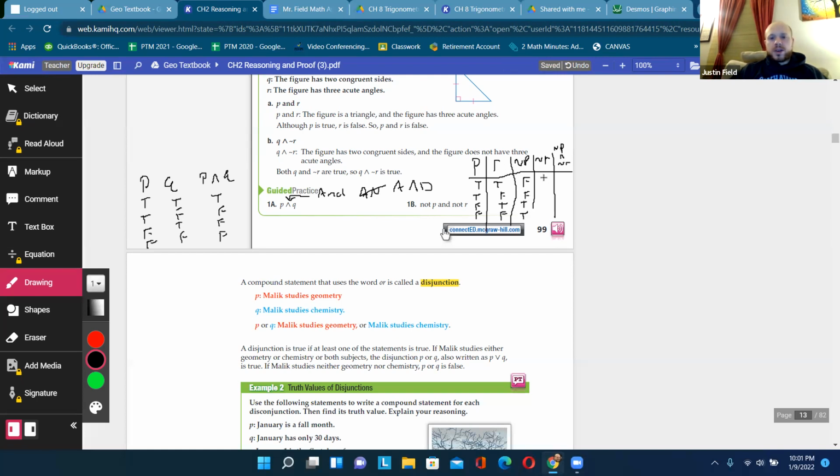Not R is going to be false, true, false, true, just switching the truth values of those two columns.